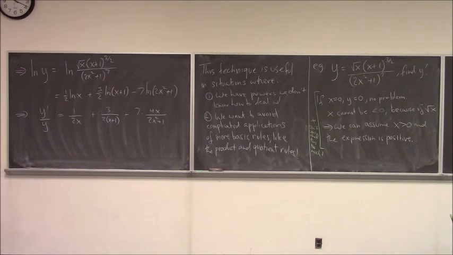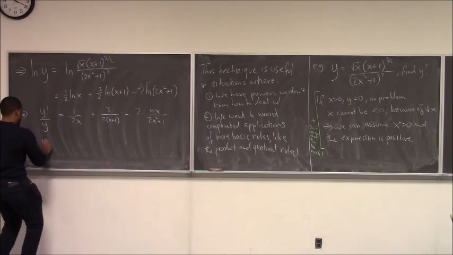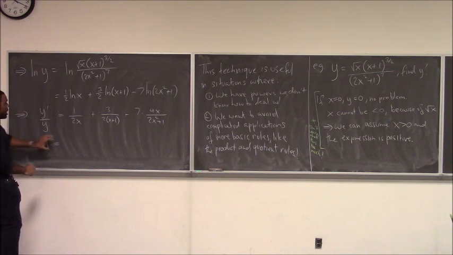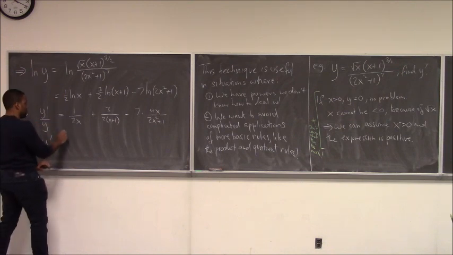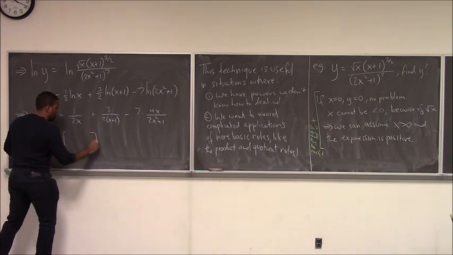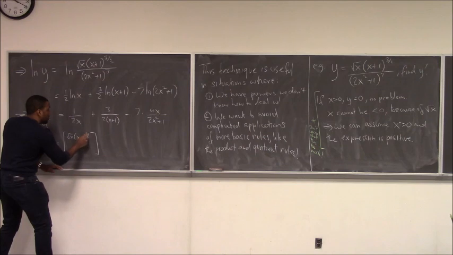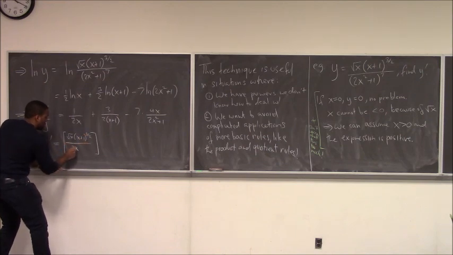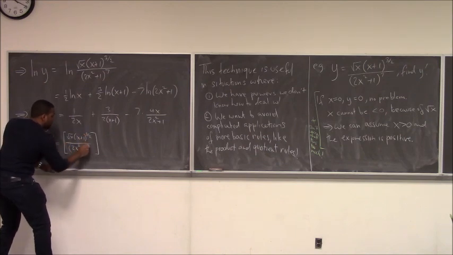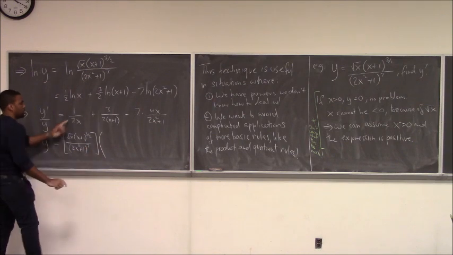Super easy. And so now, we can say y prime is going to be equal to y, which is the original function. So it's going to be the square root of x plus 1 to the 3 over 2 over 2x squared plus 1 to the 7th times this whole thing.